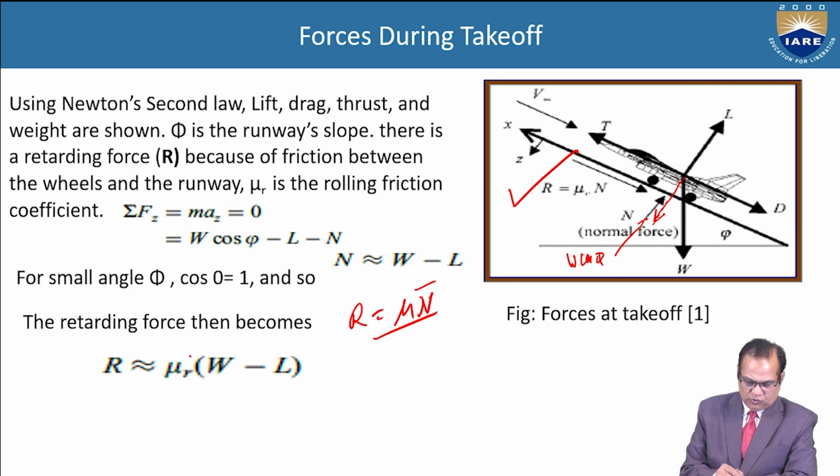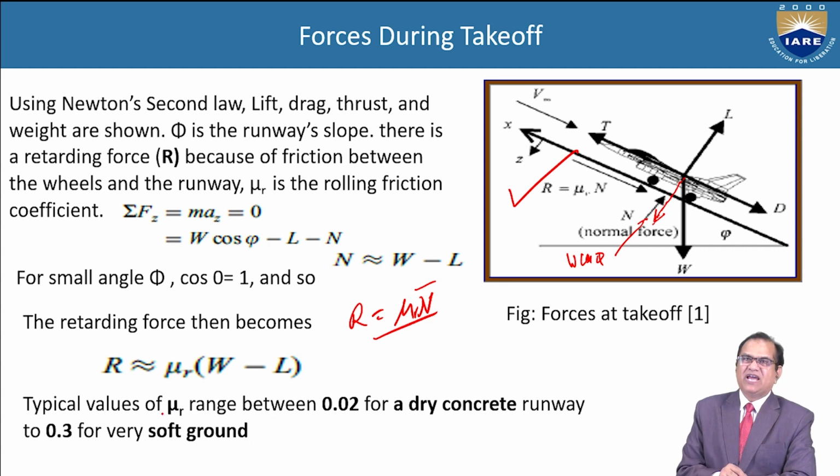So R is equal to mu R into W minus L. A typical value for mu R ranges between 0.02 for a dry concrete runway and 0.3 for very soft ground. So from 0.02 to 0.3 is the friction coefficient of the runway.